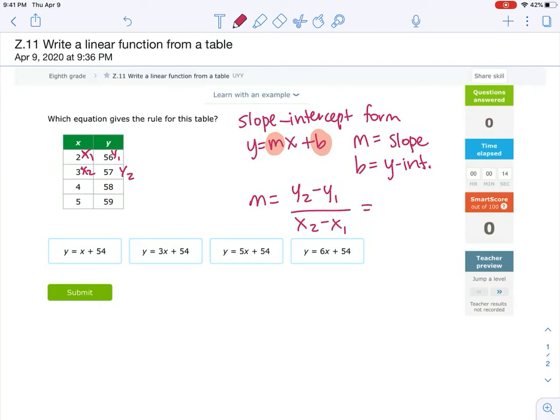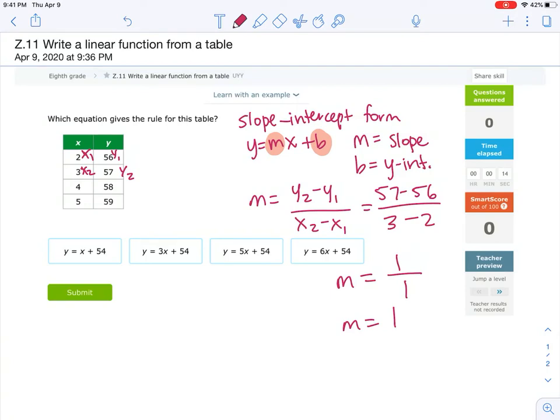So then we just fill in the formula. y2 is 57, y1 is 56, so I subtract because that's what the formula tells me to do. x2 is 3, x1 is 2, so I plug those in and subtract. So 57 minus 56 is 1. 3 minus 2 is also 1. 1 over 1 is just 1, so the slope is 1.